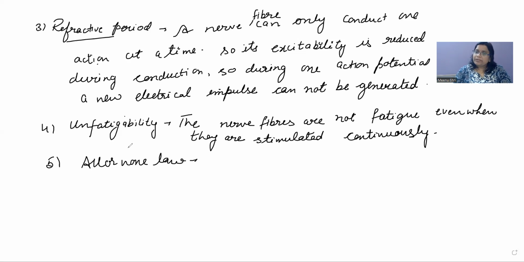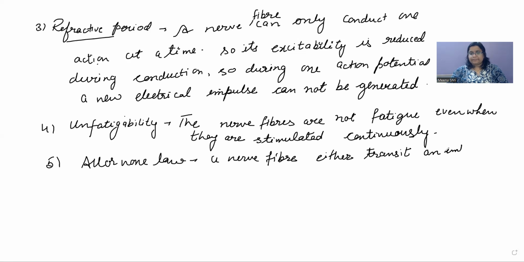So the all or none law means a nerve fiber either transmits an impulse or not.